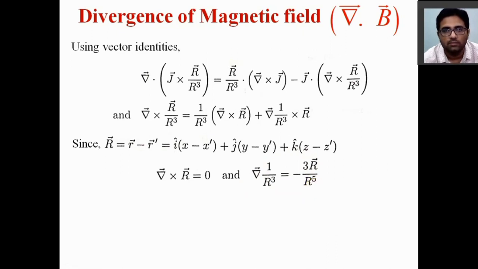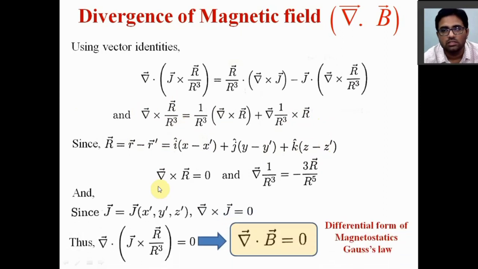So here, gradient of (1 by r cube) cross r gives minus 3 by r to the power 5 times (r cross r). Now r cross r, you know, will be 0. So this term is 0, and curl of (r vector by r cube) is 0.